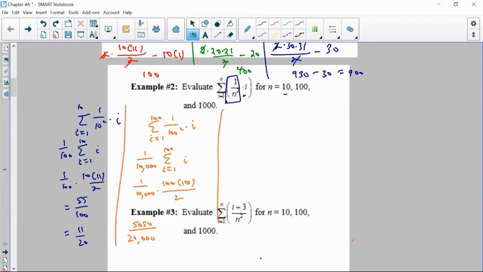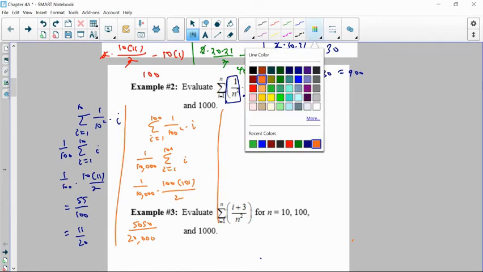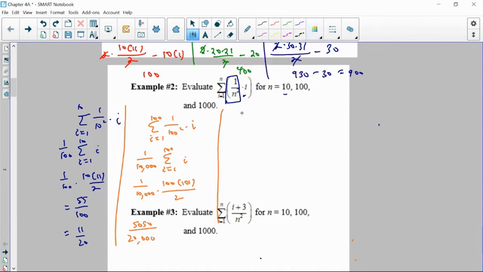Okay, last one on this one, up to 1,000. And go purple, why not? So we get the sum from i equals 1 to 1,000 of 1 over 1,000 squared times i.